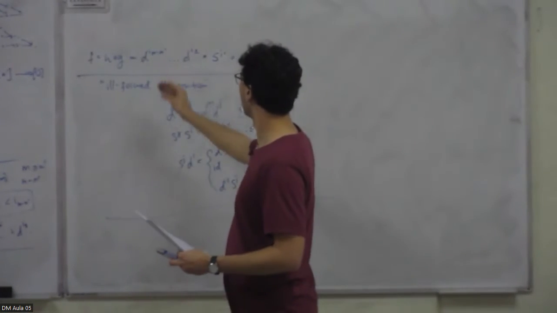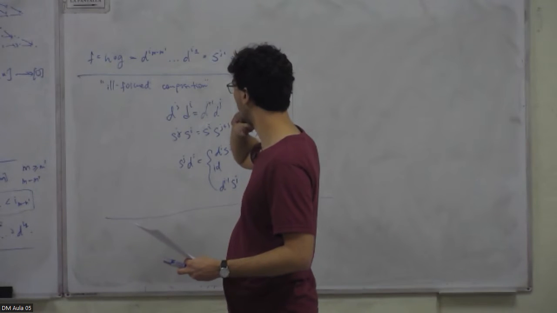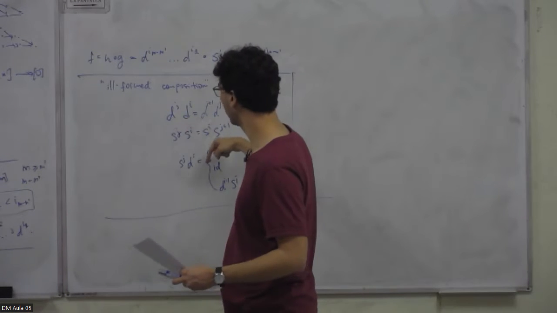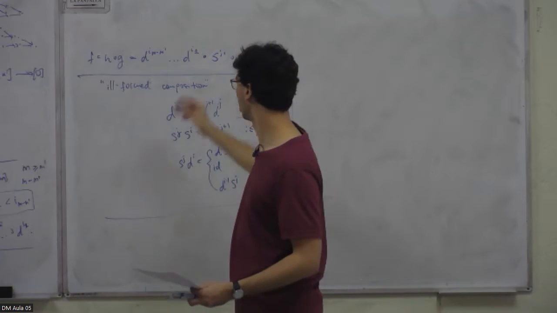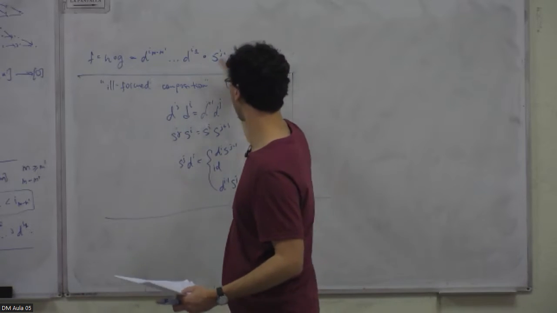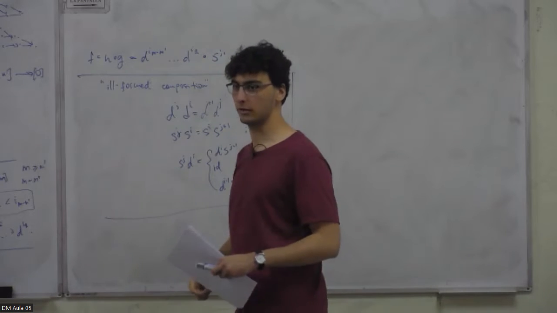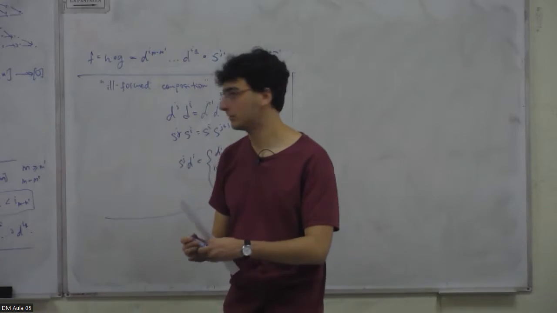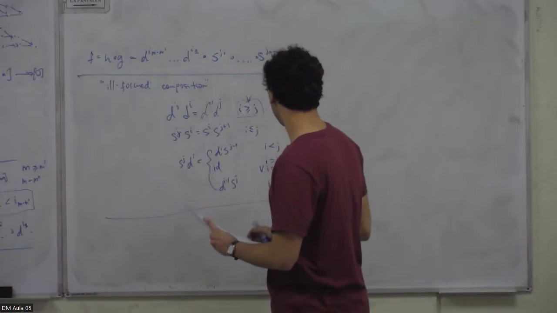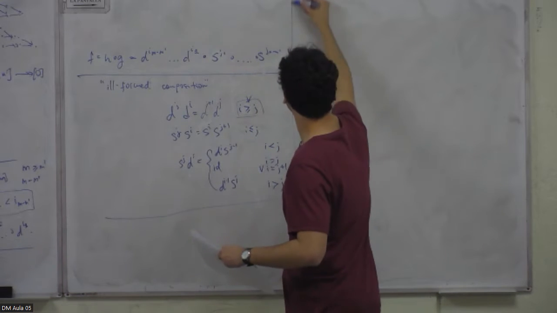And these relations tell you how to put any composition of d's and s's into this kind of format. And of course, you can compose them by concatenating and then redoing the conversion to the canonical format, right? So, okay, this is basically the simplex category.